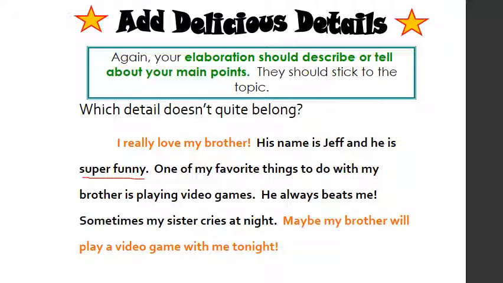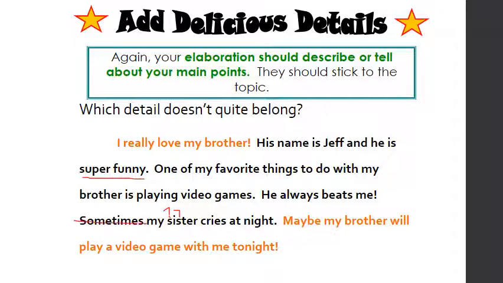Sometimes my sister cries at night. Okay, stop a second. My sister? What has my sister to do here? There are question marks here about my sister. I'm talking about my brother, and the topic is about my brother. So, what should my sister do here? It doesn't work. Does this detail belong to this paragraph?